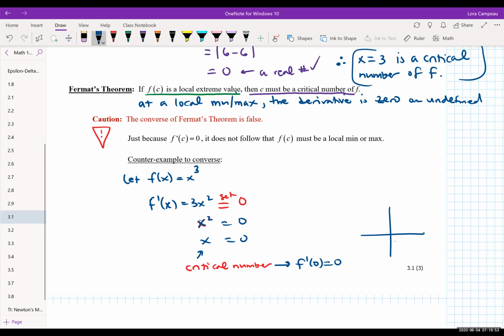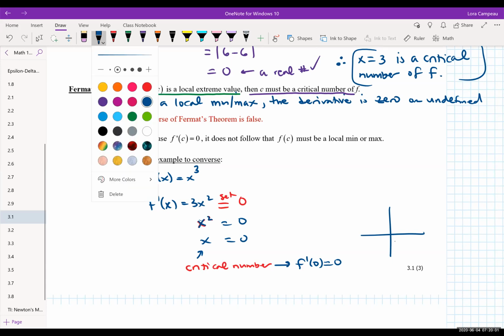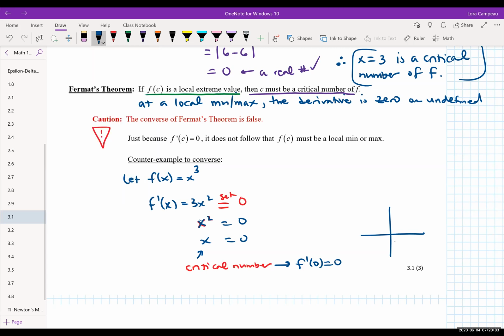We could pull our TI out at this point. I don't want to do that at the moment, but I know how to draw these already, but you can verify. So there's your cubic function. And you know you have a critical number because the slope of the tangent line at that point is 0.